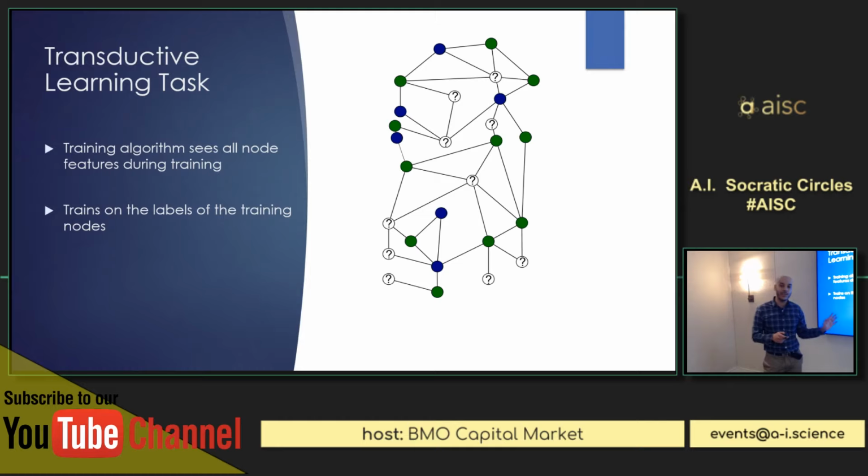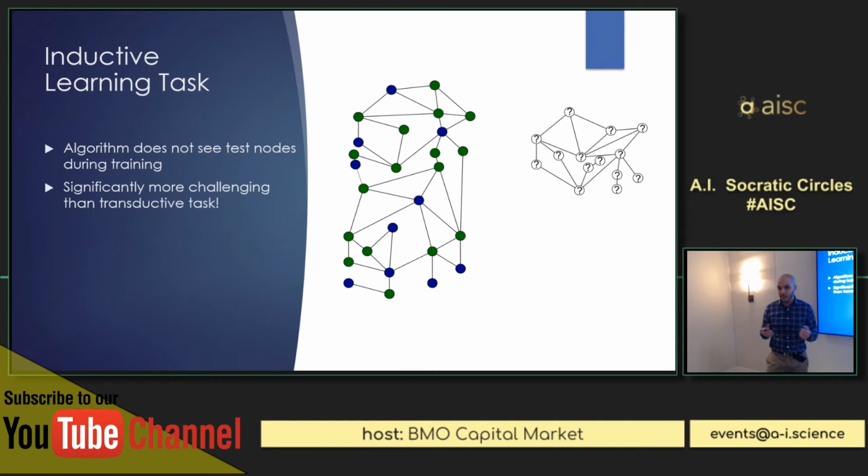Now, this is relatively easy because you have information about labeled nodes within the same graph as the nodes you want to predict. Now, in the inductive learning task, it's a lot harder. Here, the learning algorithm has to learn to detect nodes on graphs that it has not seen before.